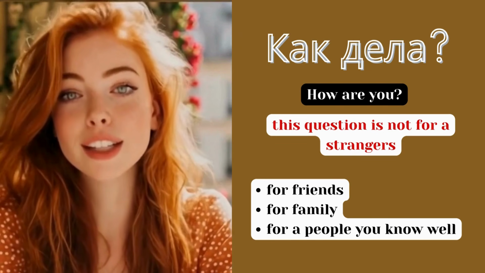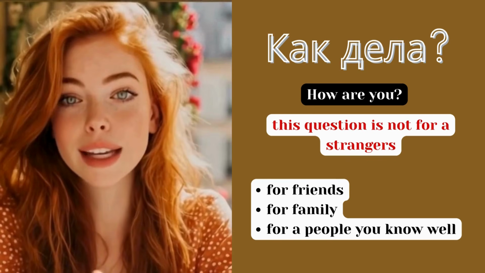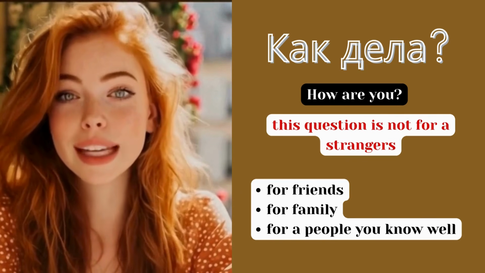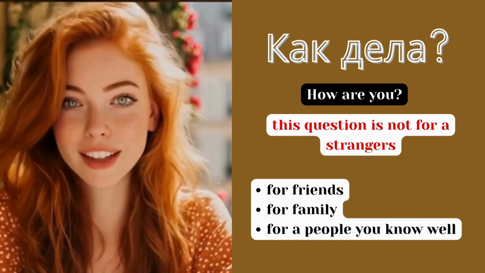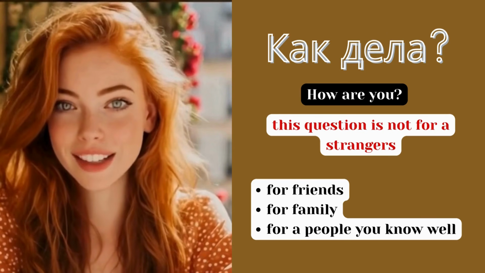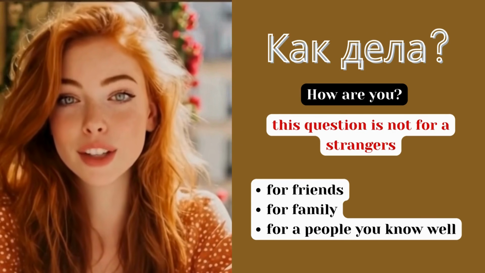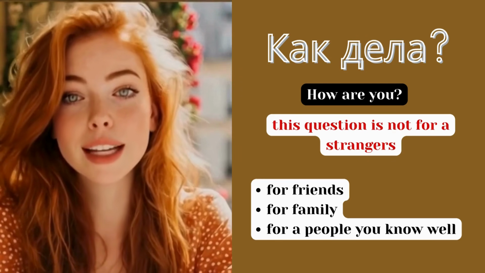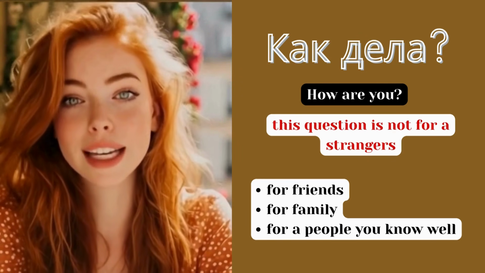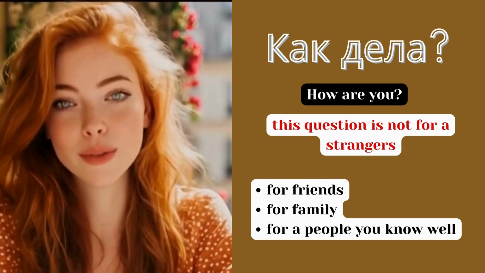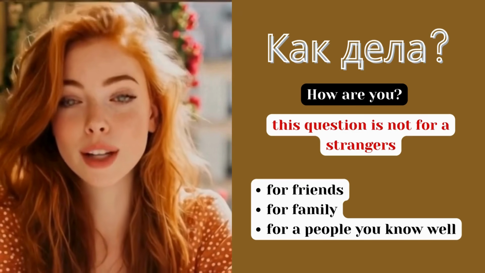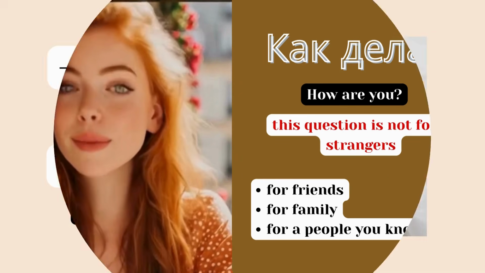You usually say it to friends, family, or people you know well. It's a real question, not just polite small talk. So if you ask как дела, be ready. The person might really tell you everything. How they feel, what's happening in their life, even personal problems. If you don't really want to know, it's better not to ask.